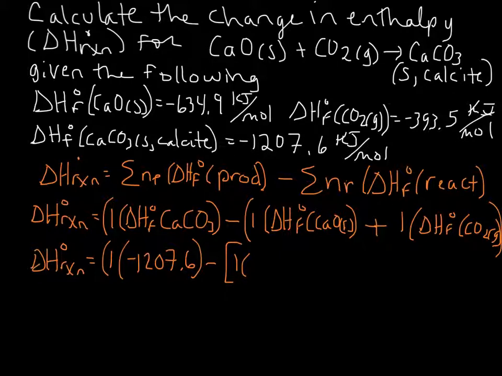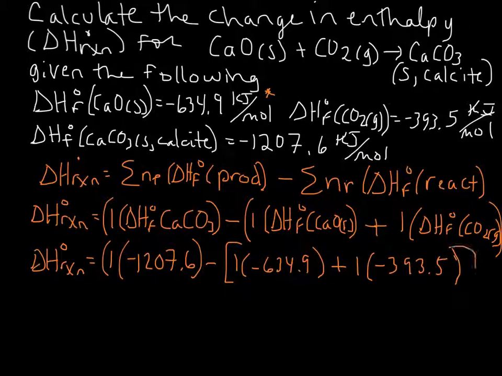Okay, the delta H F for calcium oxide, if we go up here, we see that it's negative 634.9 kilojoules per mole. Again, we'll put on our units at the end. And finally, carbon dioxide, we have 1 mole of that also, and it is negative 393.5 kilojoules per mole.